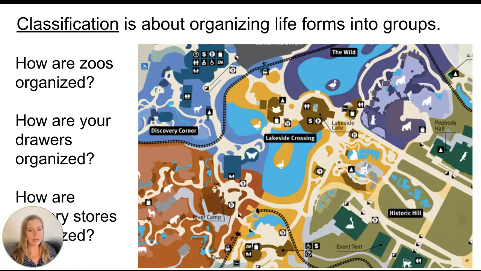Similar to your drawers. I have a sock drawer, I have a tank top drawer, so I have my drawers organized by type as well. And grocery stores are organized the same way. They're organized by food type. You have your canned goods in one aisle, pastas in another.